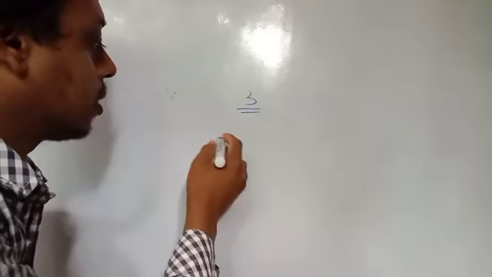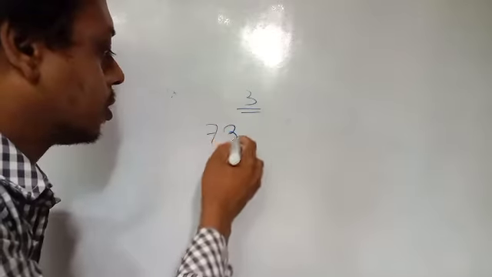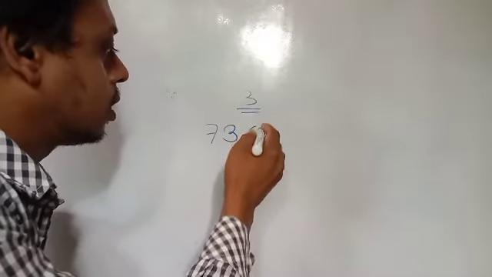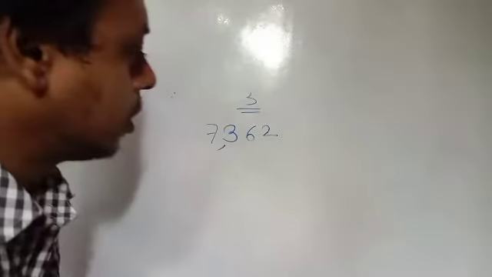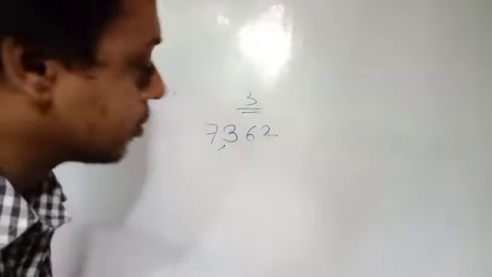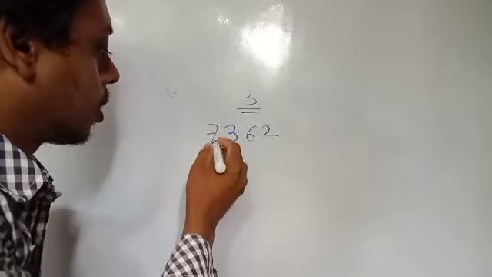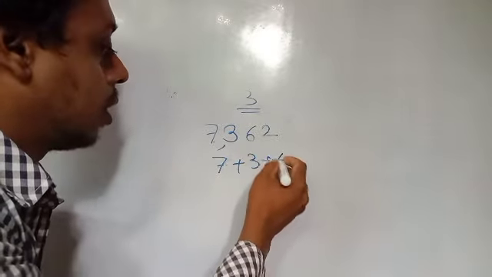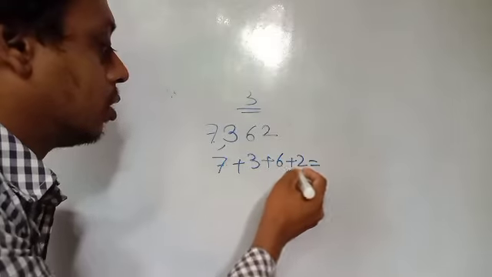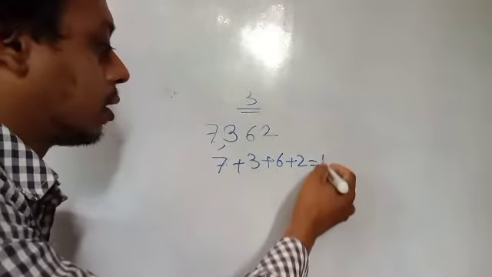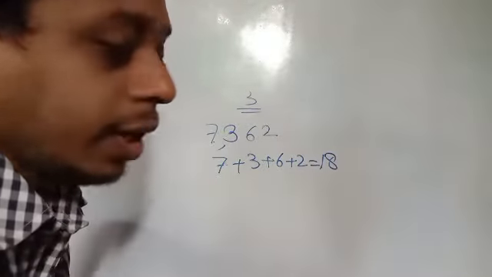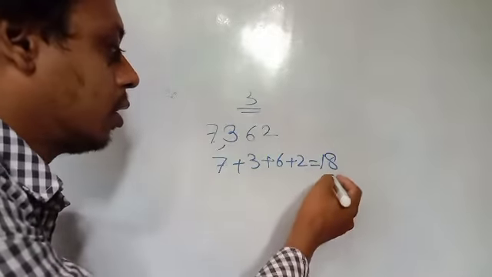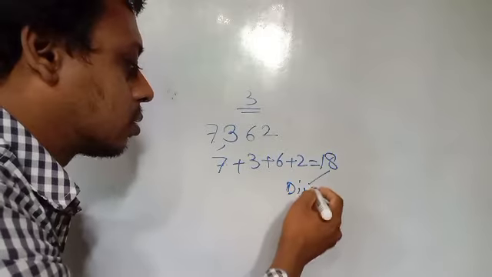Now you see 7362. This is a number. You add all the digits. What are the digits? 7, 3, 6 and 2. 7 plus 3 plus 6 plus 2. 7 plus 3 is 10, 16, 18. 18 you can divide by 3. 18 is divisible by 3.